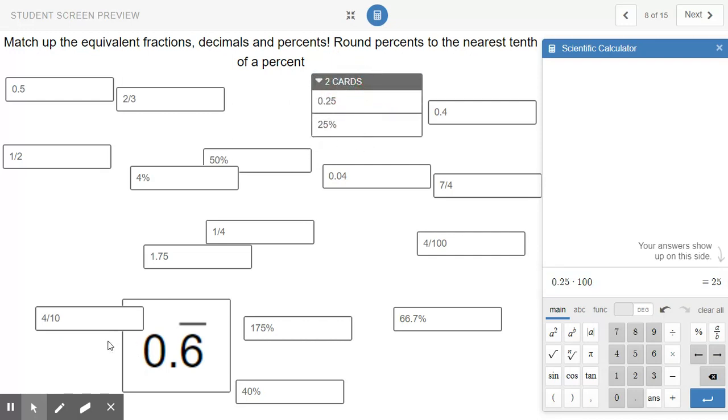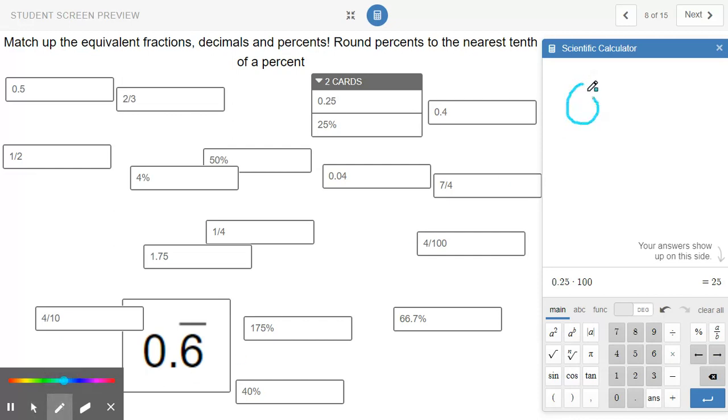Again, there is a quick trick for those of you who don't want to use the calculator. If you have a decimal and you want to multiply by 100, you take wherever the decimal point is. Let me show you right here.